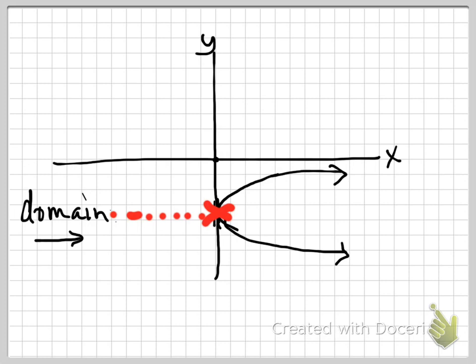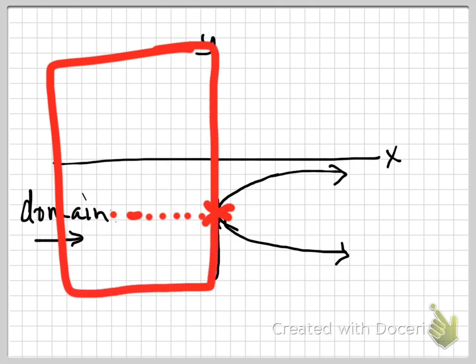So that means that since it doesn't exist in any of these areas, I don't need to include any of that area in my domain. And remember, this side of the y-axis is where my x's are negative. Okay, so what's happening is the graph, the line, the blue line and the black in my case, is starting right on that line with the y-axis. And if you'll recall, that means that's the point where x is equal to 0. So the domain here starts at 0.